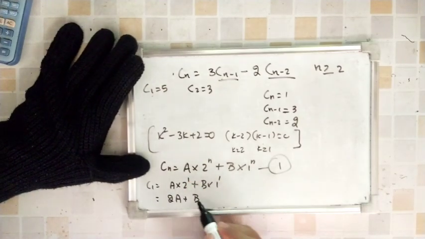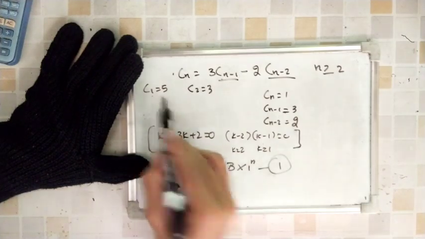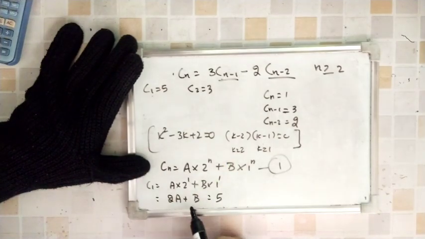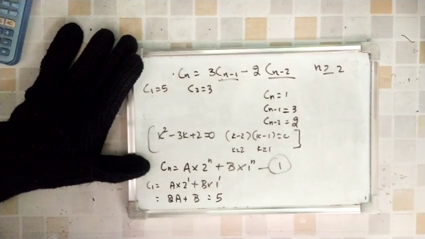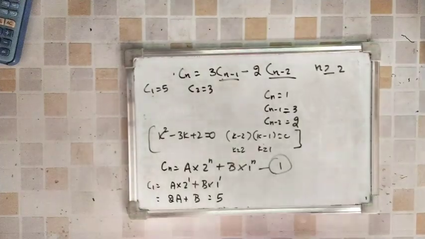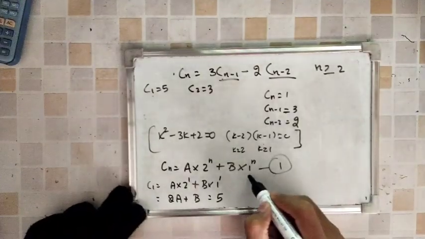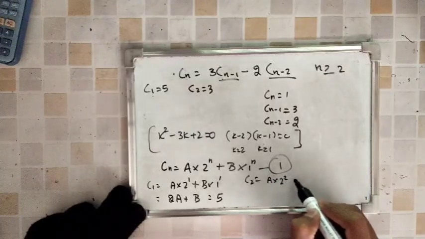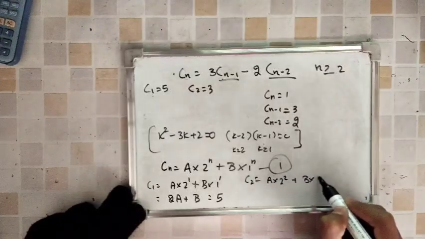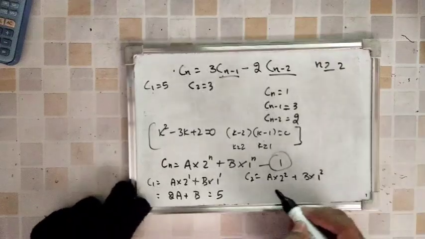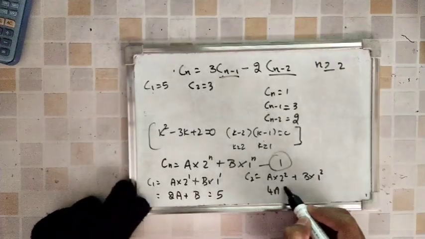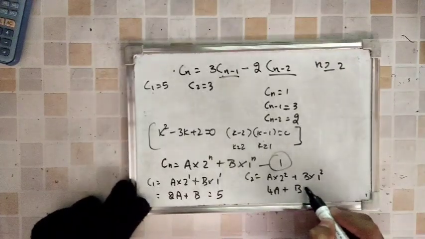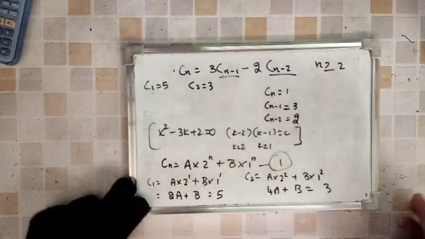This equals 5, since C1 is 5. So I can write that 5 equals 2A plus B. Similarly, I can consider n as 2. So A into 2 power 2 plus B into 1 power 2 equals 4A plus B equals 3.